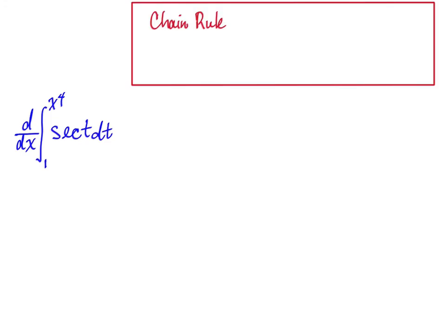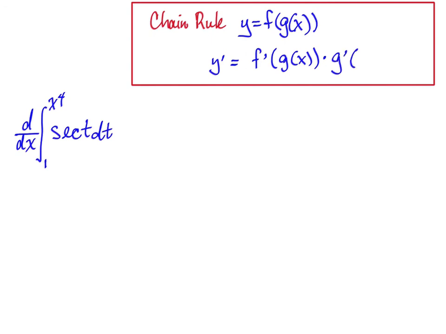And so just to remind you what the chain rule says, the chain rule says if you have a composite function y equals f of g of x, then y prime is going to be the derivative of the outside function evaluated at the inside times the derivative of the inside function.